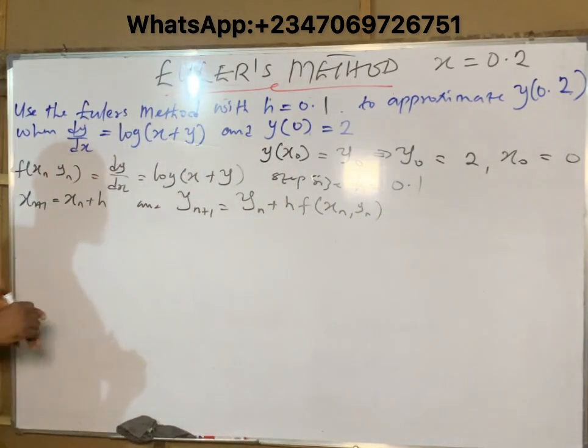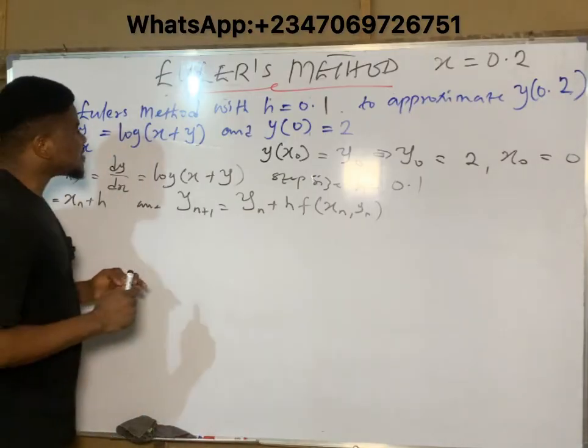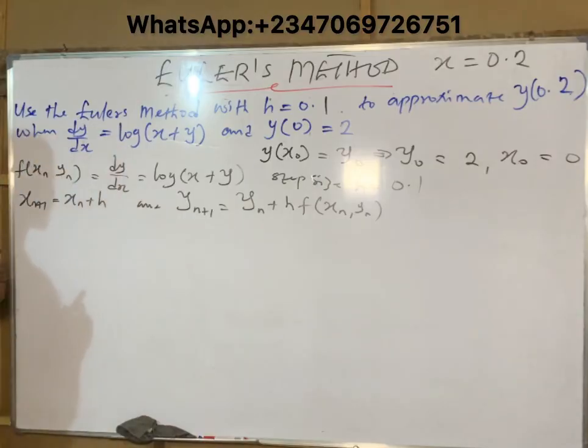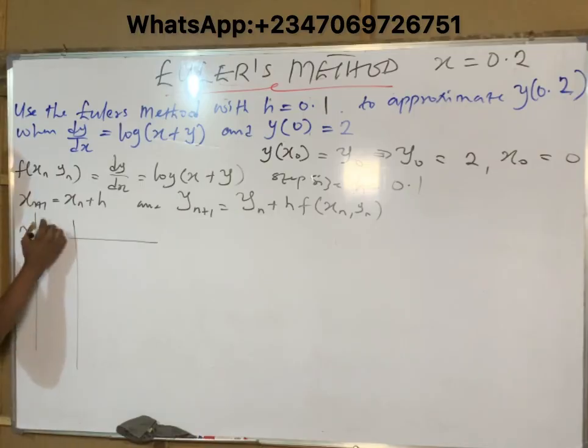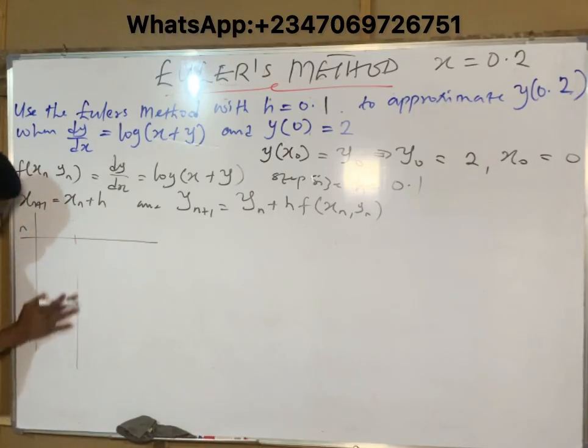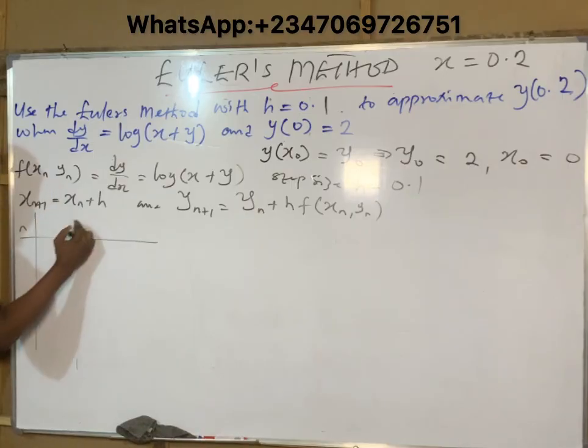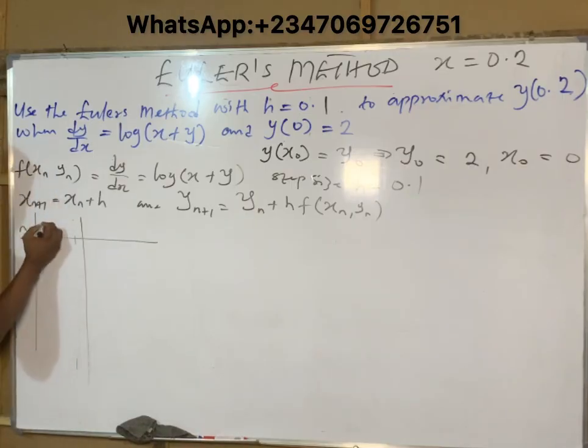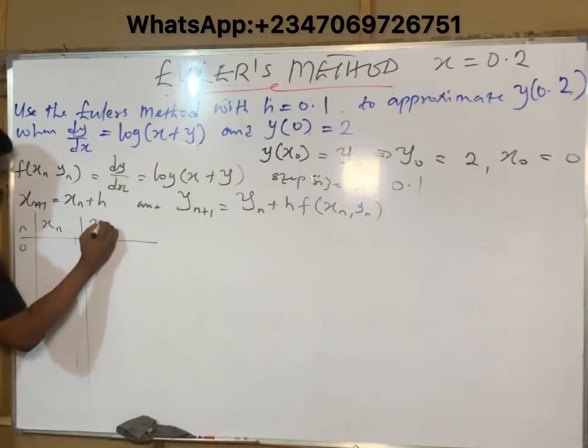We were given our step size, so what we need to do now is make a table. These are the n values, these are the x values, so when n is 0, these are xn and these are yn.